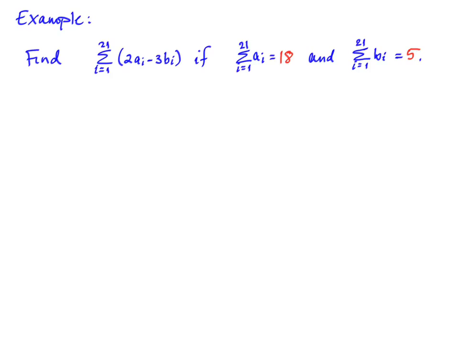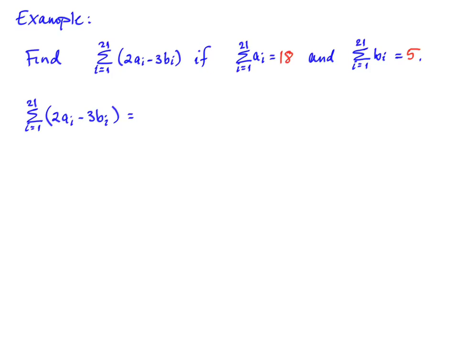All right, so let's look at the sum that we're interested in. We're trying to find the sum as i goes from 1 to 21 of 2a_i minus 3b_i. So we're going to rearrange this a little using some properties so that we can use those two numbers, 18 and 5, to get our answer.